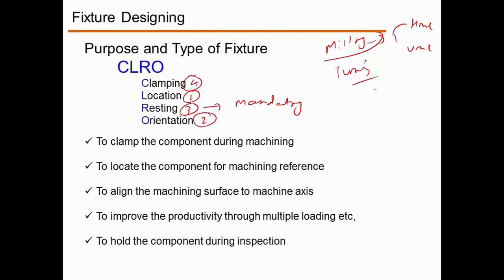All this we are going to see. Orientation generally will be done by pins, resting by rest pins, and for clamping there are various processes you are going to learn. All of this is a principle which you will be learning. At the end, we want to improve productivity, so you can load multiple components also. For that you have to design for the number of components, and you should design with the machine details also. That's very important.